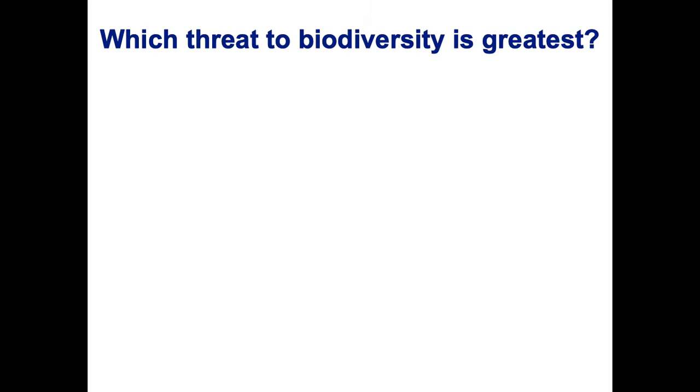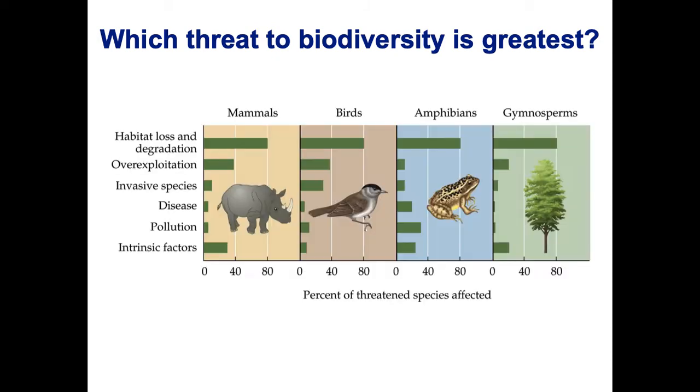So I just mentioned the large categories of all the threats to biodiversity. Which of them do you think is the greatest? It turns out to be habitat loss and degradation. You can see this is just a few different groups of organisms. We have mammals, birds, amphibians, and gymnosperms, which are like cone-bearing plants.